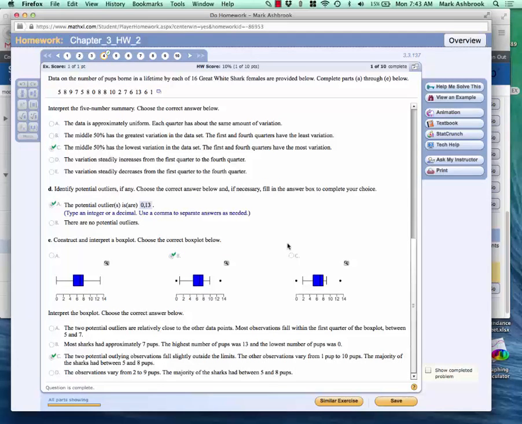Okay, so what did your teacher learn? Your teacher learned that the 5-number summary uses the max and the min. And when you build a box plot, you look for the potential outliers by that 1.5 times IQR rule.